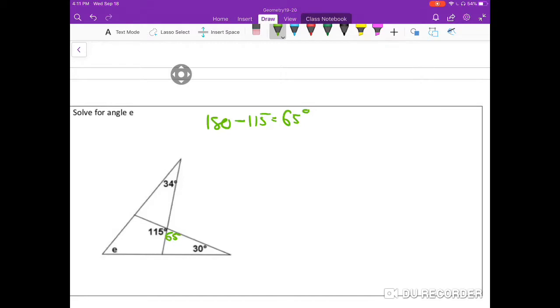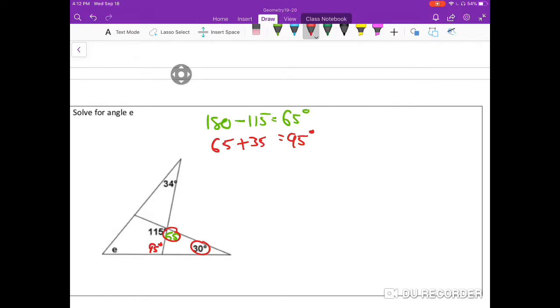All right, the next thing I'm going to focus on is this triangle with this exterior angle. So I know because of the exterior angle theorem, I can add these two together. So I'm going to do 65 plus 35, and I'm going to get 95 degrees. So this angle down here is going to be 95 degrees.